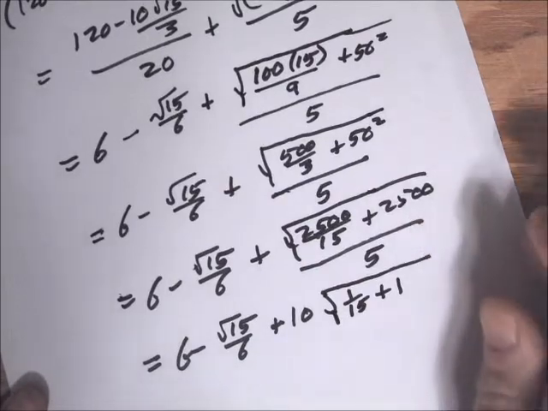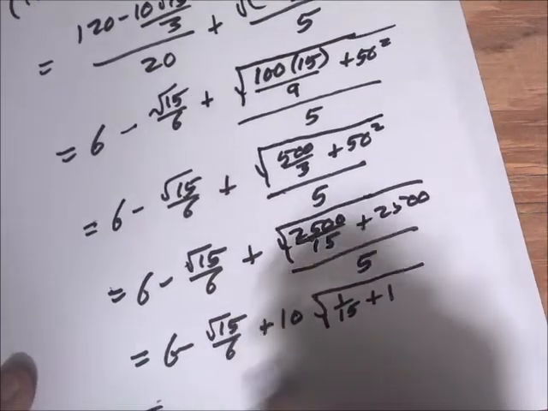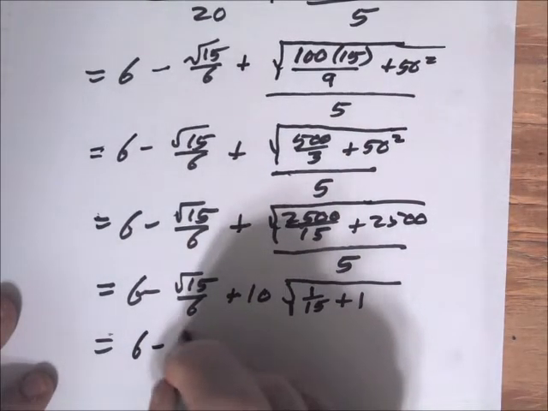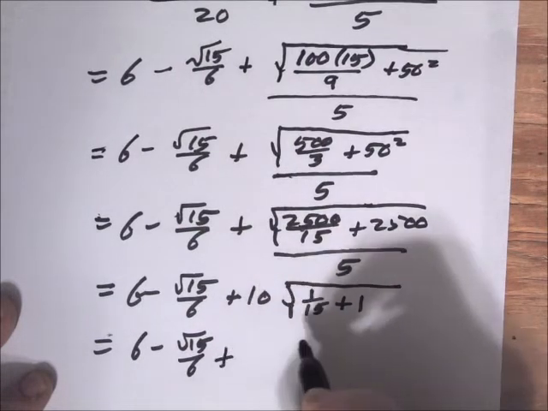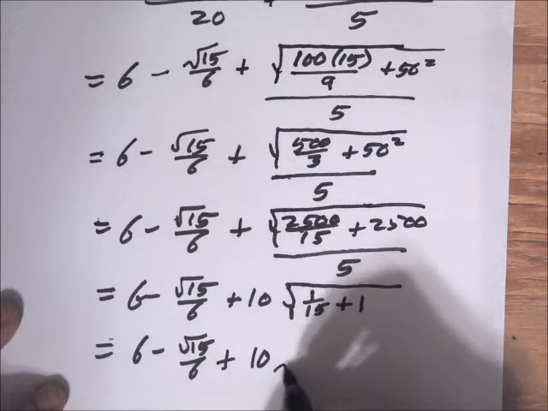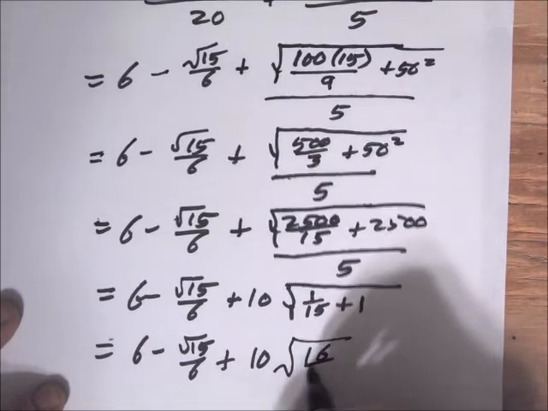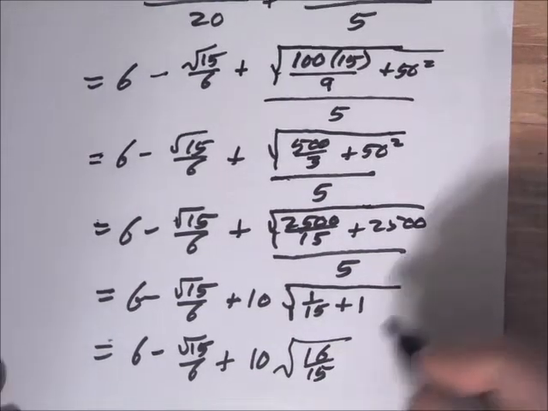And so this is 6 minus root 15 over 6 plus 10 times the square root of 16 over 15. And square root of 16 is 4.